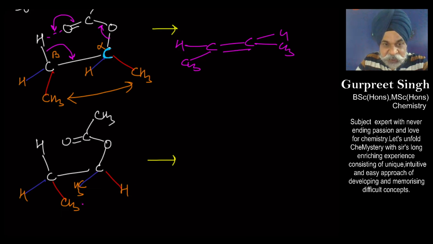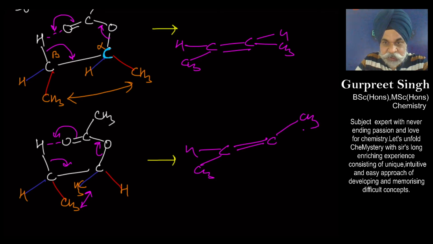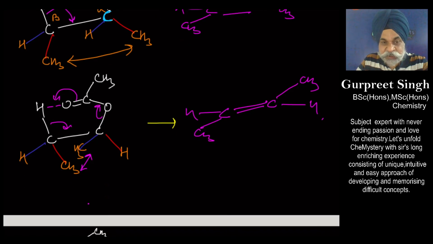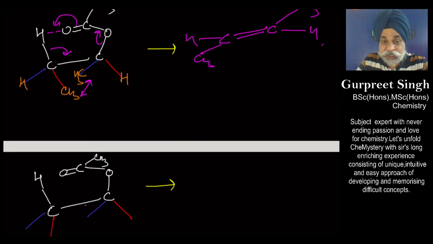And if this methyl and methyl are opposite to each other, it would generate a trans type alkene. So on this side you have methyl, H, double bond, and on this side methyl and H, because this is distant apart. Now the matter of fact is which way it has to be dealt with.